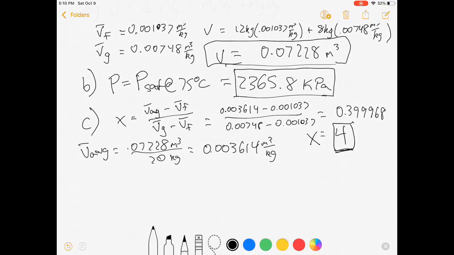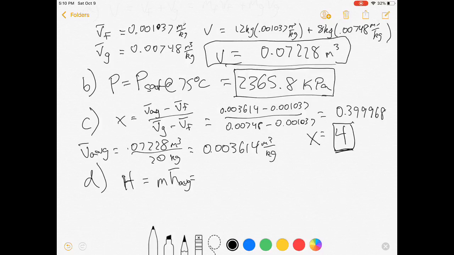And now we're looking for the enthalpy of the mixture. And the enthalpy of the mixture is equal to mass times the specific enthalpy, which actually you could go about it two ways.